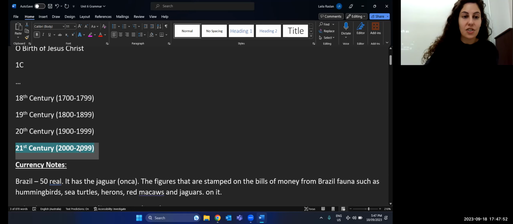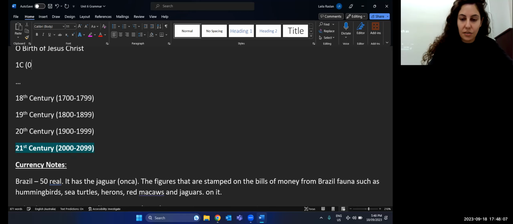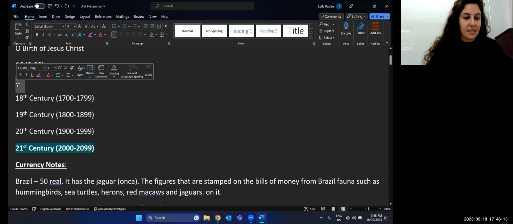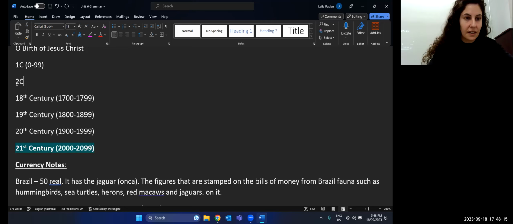All these centuries are 100 years. 100 years makes a century. So if we go back to the first one, the first century was from the year 0 to 99. The second century would be from 100 to 199.